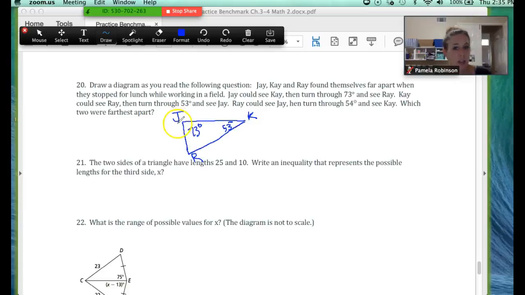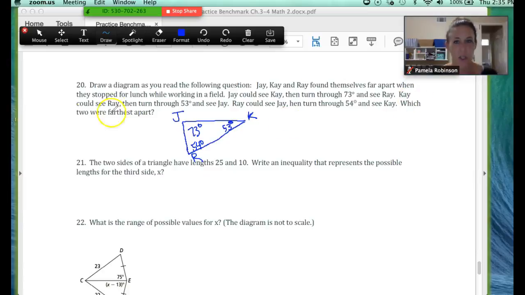Ray could see J, but he had to turn through 54 degrees to see K. Now, if this is all correct, these should add up to 180, and they do. 73 plus 54 plus 53 does make 180.